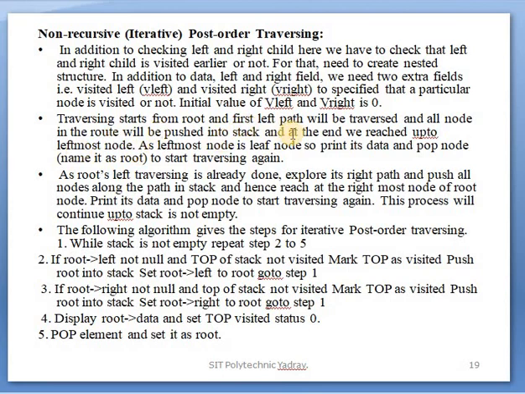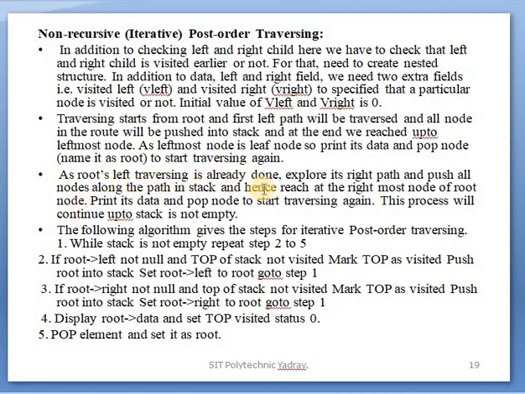Traversal starts from the root, and first the left path is traversed and all nodes on it are pushed into the stack, until we reach the leftmost node. The leftmost node is a leaf node, meaning a node that has no left or right child. We print its data and pop the node to start traversing again.